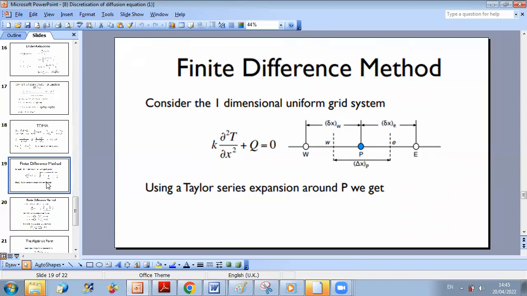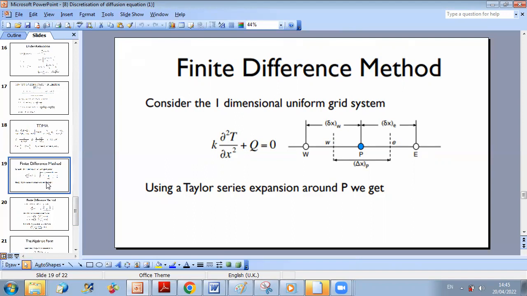Another method to solve using numerical techniques is the finite difference method. The finite difference method is based on the Taylor series expansion, as we have seen in the previous chapter, if you remember.